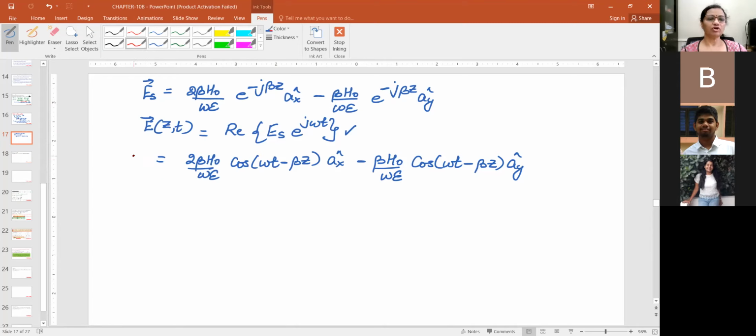Now you look at what you have got. You've got your electric field. This is what we wanted. Now you look at it. Both are cosine functions. No phase difference, or you see delta equal to 0. And both are cosine functions, no phase difference.